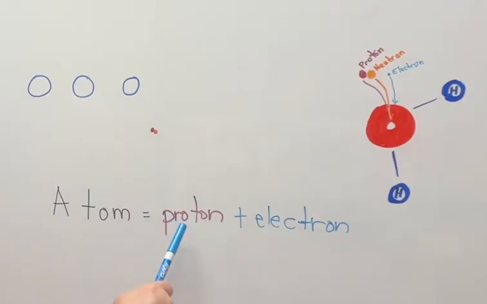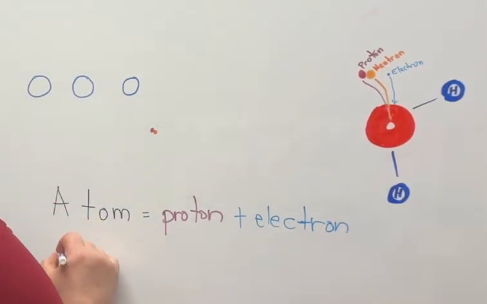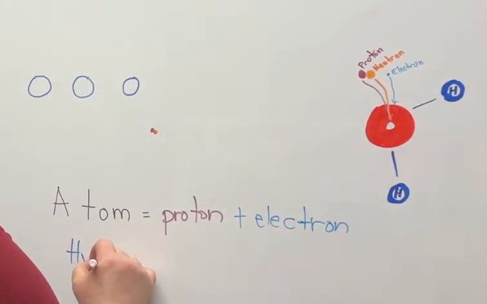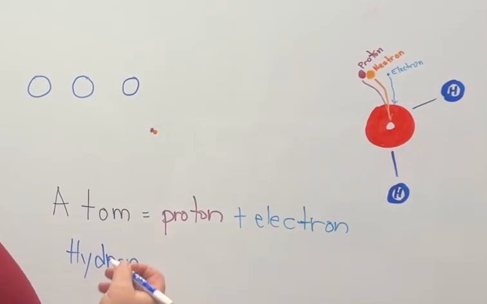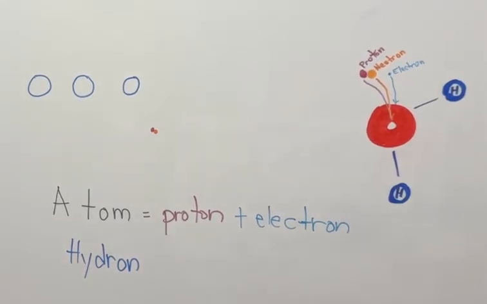If you add more protons, you change the atom. So you have hydrogen. I thought I lost my marker. They call hydrogen proton sometimes because it has only one proton.